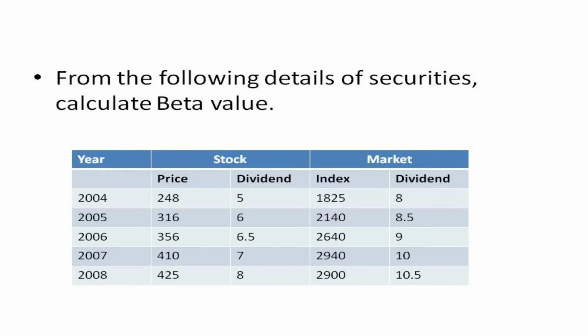Please listen here. From the following details of the securities, calculate the beta value. Here they have given stock and market. For the stock they have given price as well as dividend, and for the market also they have given index and the dividend. We have to calculate the beta based on the data given.